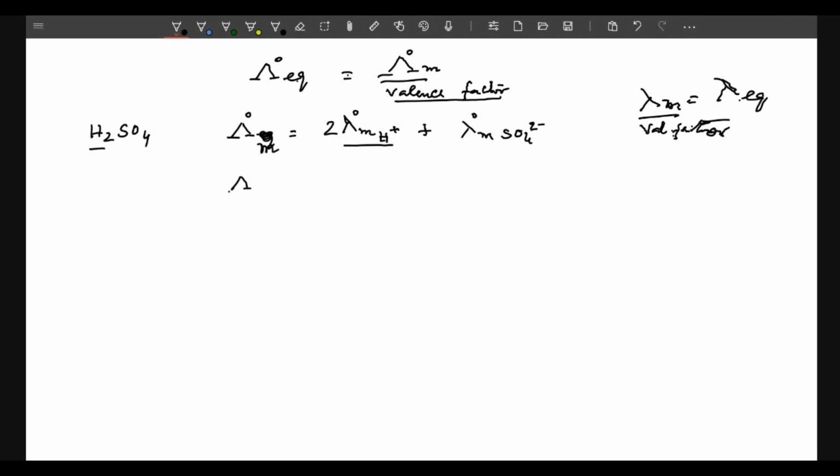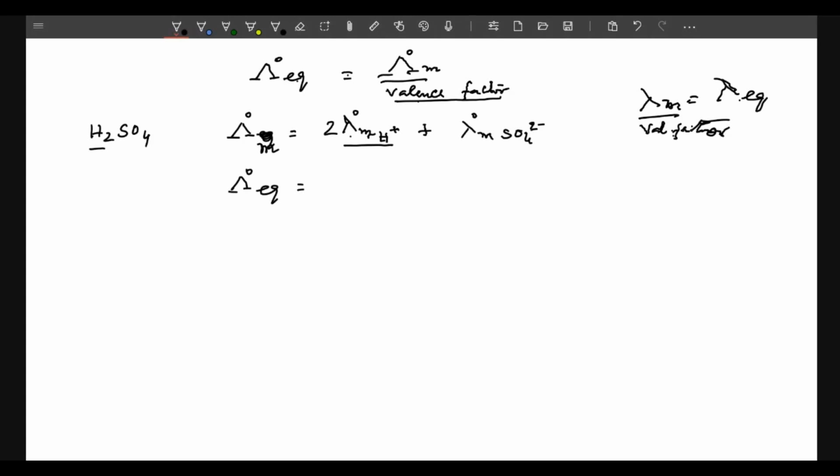Now you have to convert into equivalent conductance. For each ion, molar conductance should be converted into the equivalent. How would you convert molar conductance into equivalent? Divide by its valence factor. Valence factor means first find out how many ions are present, and then multiply by the valency of one of the ions.